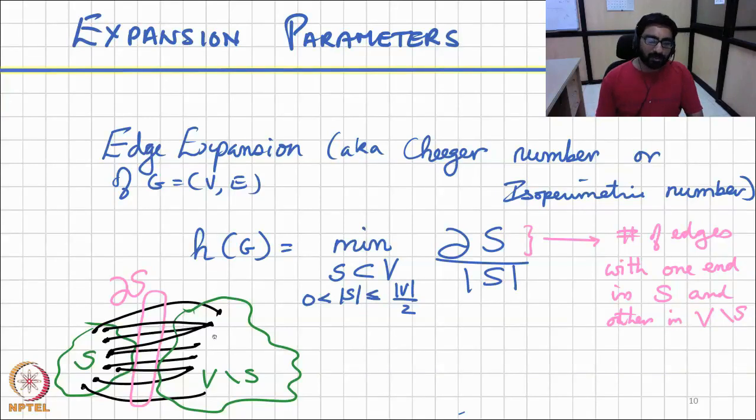So if you intuitively think about it, the lowest ratio is obtained when you consider a way to partition the vertex set into S and V minus S so that the number of edges going out of S in proportion to the cardinality of S is the least. And every other way to perform this partition, this ratio is significantly more. So this captures the worst case cut, such that, if you will, the strength of the cut is the poorest.